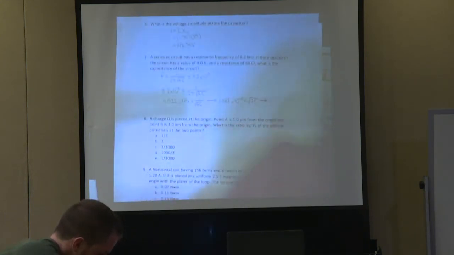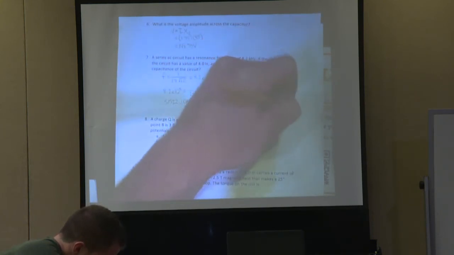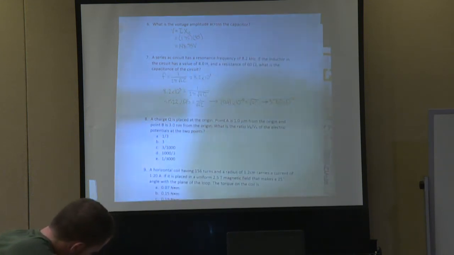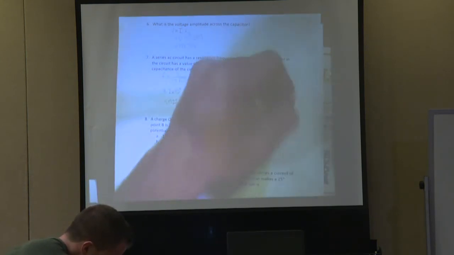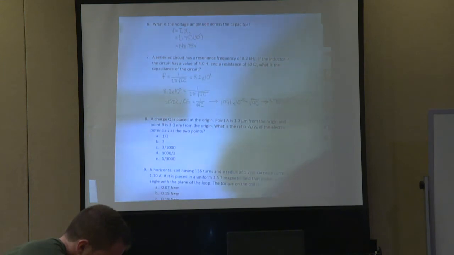To get 3.767 times 10 to the negative 10th equals 4C, and then divide that by 4.